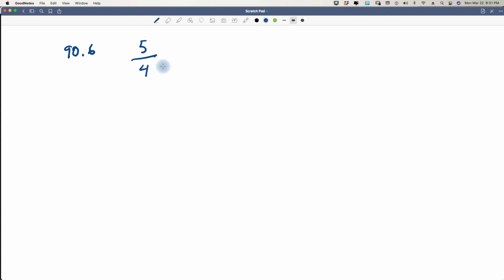So if the ratio of the numbers is 5 to 4, and the sum of the numbers is 63, then we know that we can say the first number plus the second number is 63, right? So that's one sentence. That's our total value statement right there.